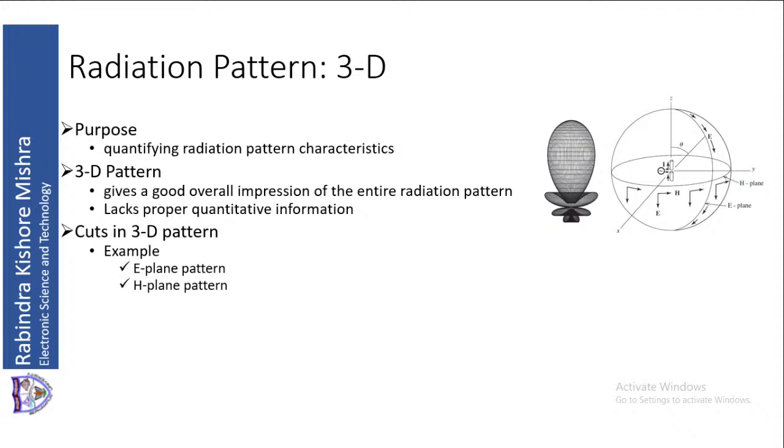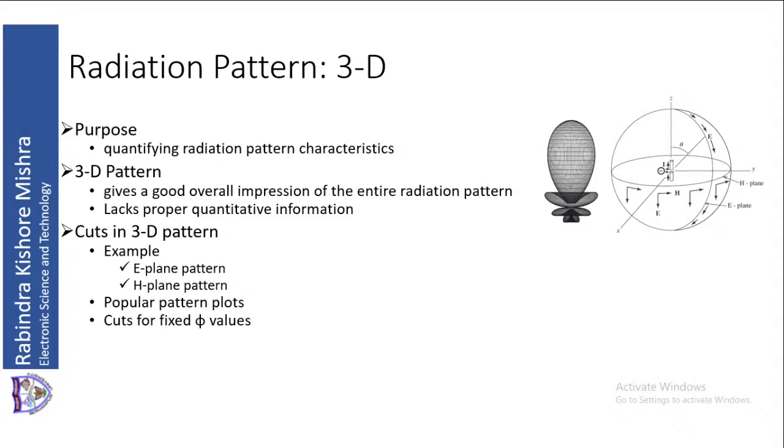One plane passing through the Z axis gives you the E plane pattern. The other plane, the XY plane, gives us the H plane pattern. So these are the two principal patterns, called the E plane pattern and H plane pattern, that we discussed in the last class. These are the two popular plots.